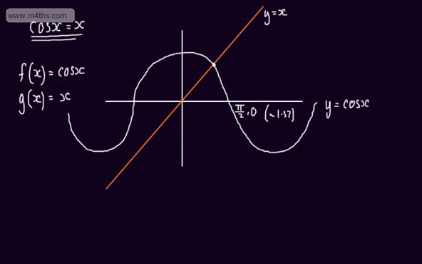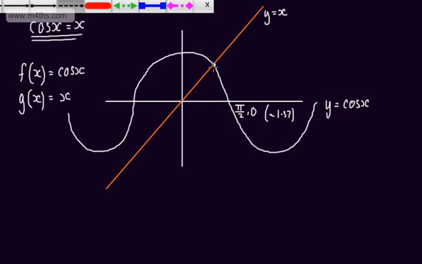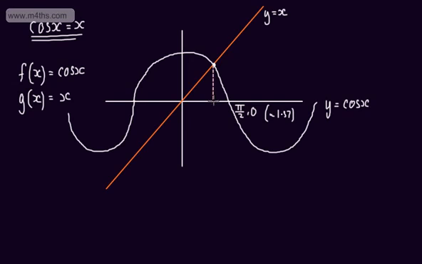If I look at this by eye, I can see it's going to be approximately, let's say 0.7 or 0.8. So on the x-axis here, we could say that x is going to be approximately 0.7 to 0.8. Clearly, if I use a graphical calculator or a computer, I would get a much better level of accuracy.